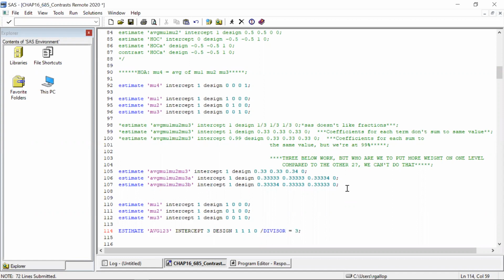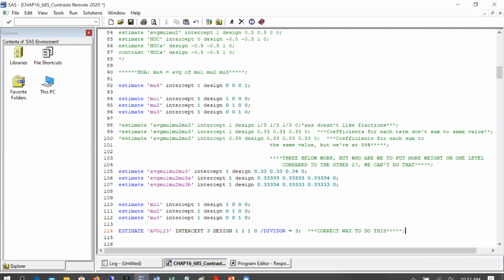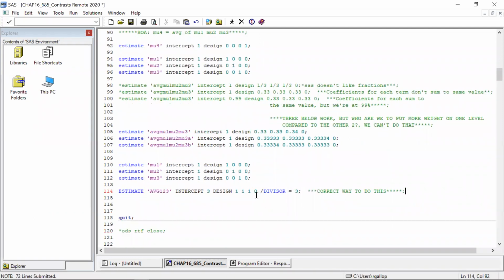Line 114 is what we want. This is the correct way to do this. SAS is really going to divide each term by 3. So this is 3 divided by 3, that's 1. 1 divided by 3 and 1/3, 1 divided by 3 and 1/3, and 1 divided by 3 and 1/3.